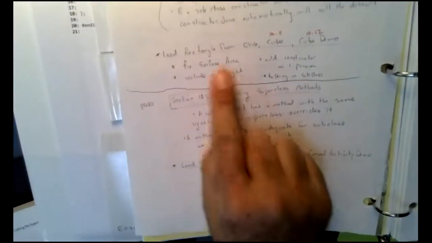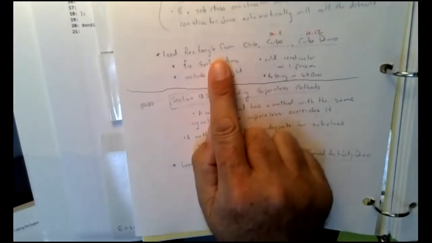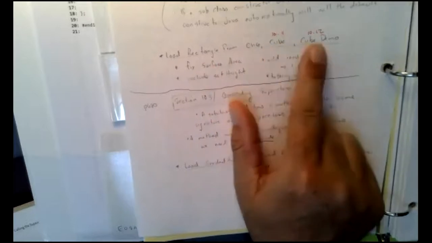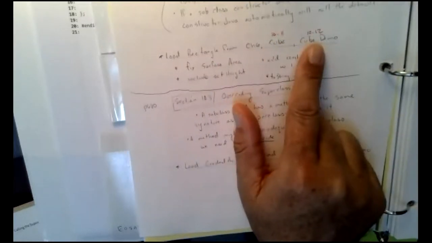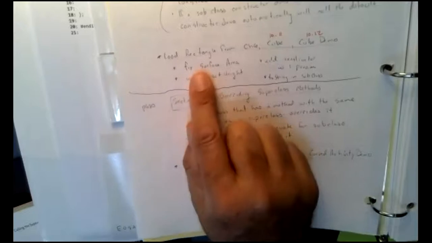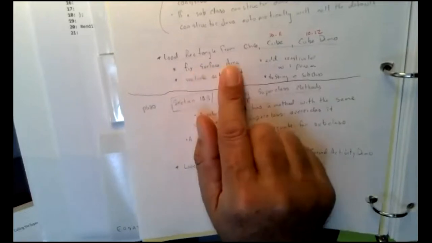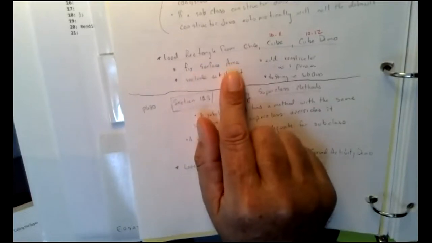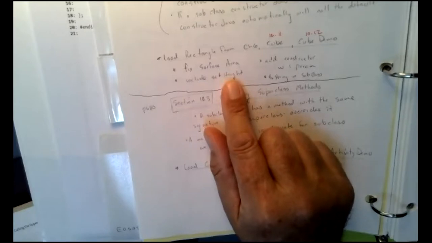Now that you have rectangle, somebody hopefully shared it and everybody has it. We have cube and we have cube demo. I want you to go in individually. We're not going to go into groups. I want you to fix the surface area. That's one. I want you to include that set height that we saw was missing, because we want to make this perfect and up and running.